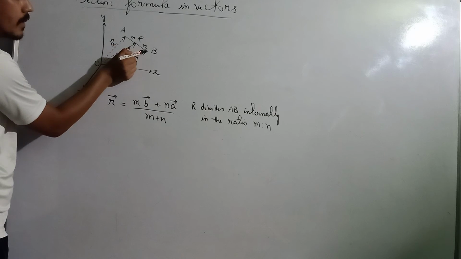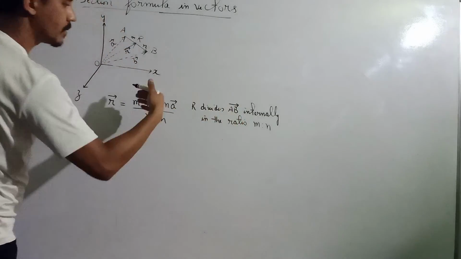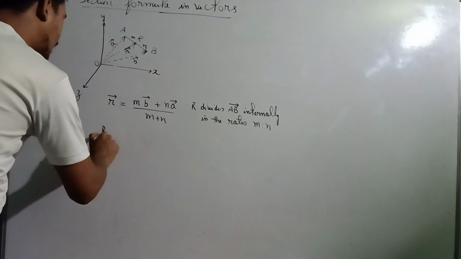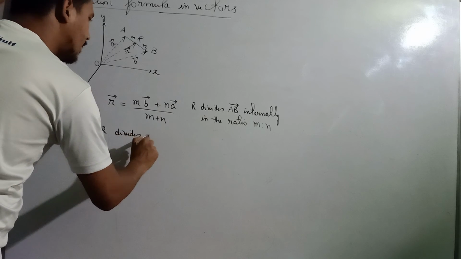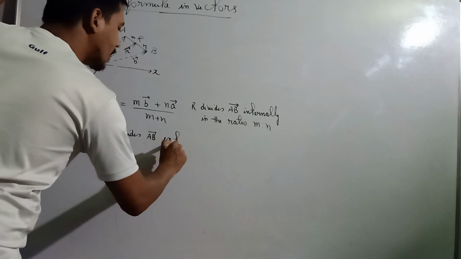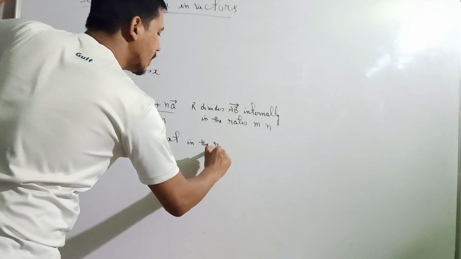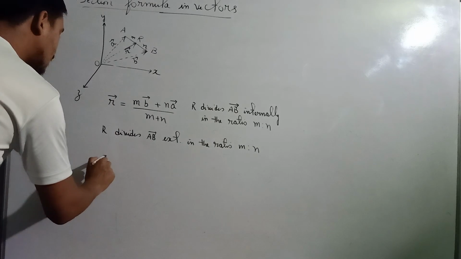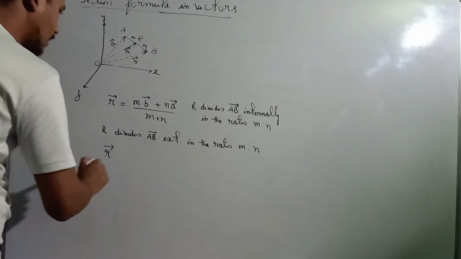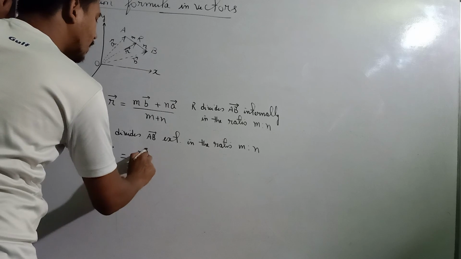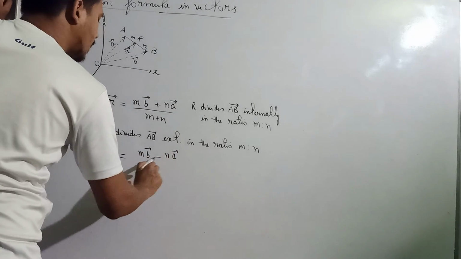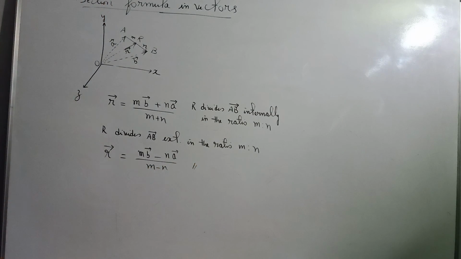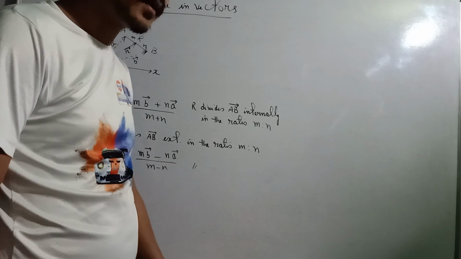But if R divides AB externally in the ratio m:n, in that case the position vector of R will be given by m times vector B minus n times vector A upon m minus n. This is how we apply the section formula in vector algebra. Is it alright? You can just note this down.